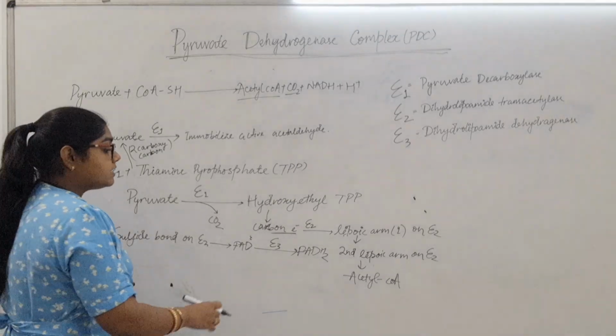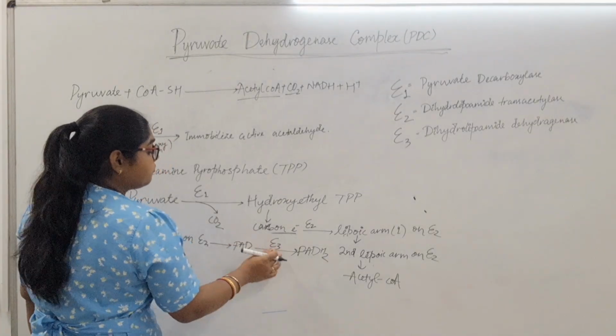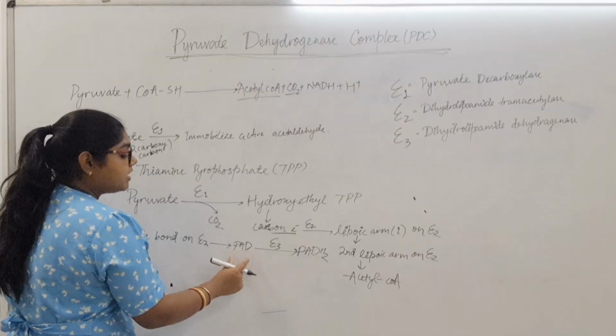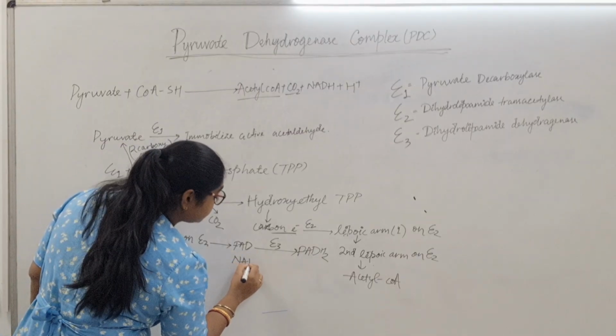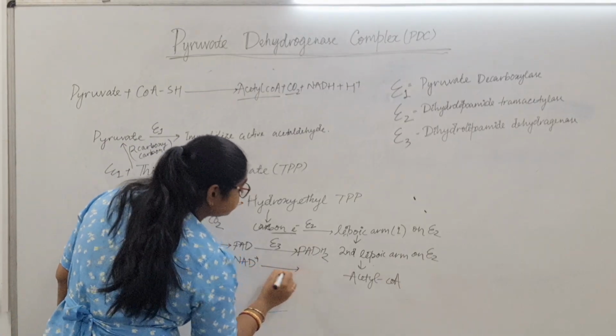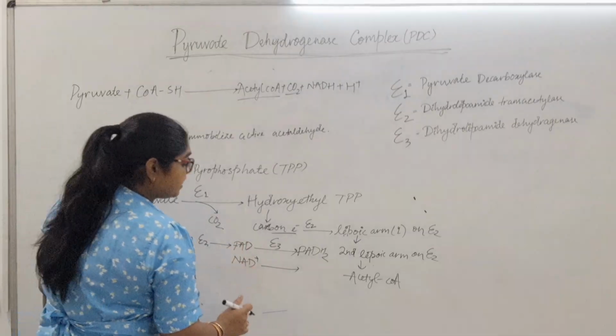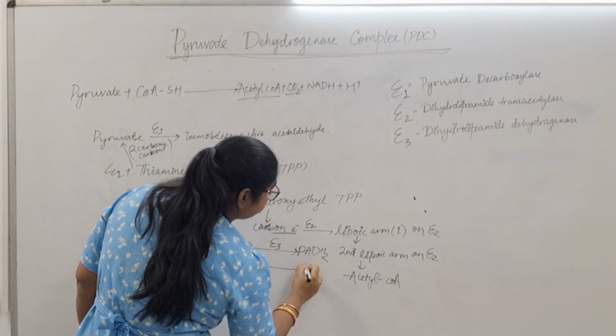And this E3 subunit will transfer the electron from FAD to NAD plus, and here it will convert that NAD plus to NADH.